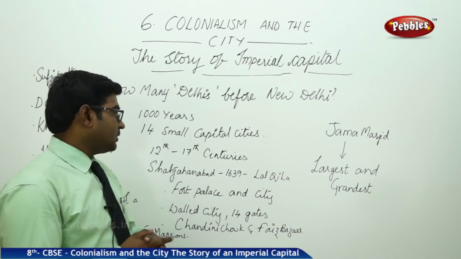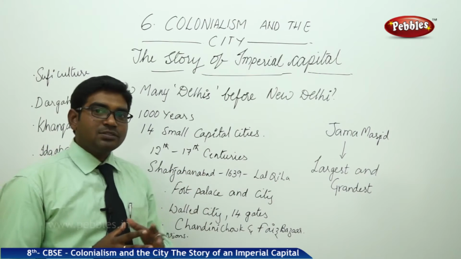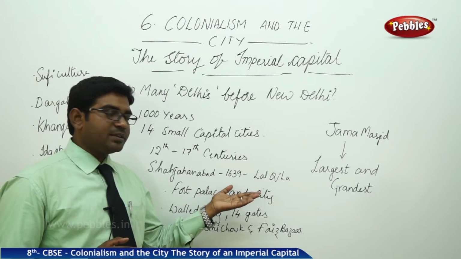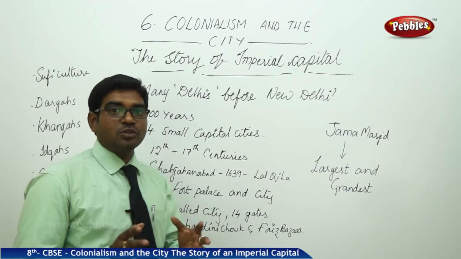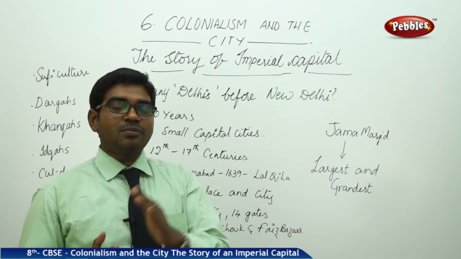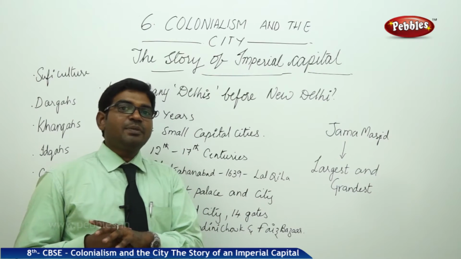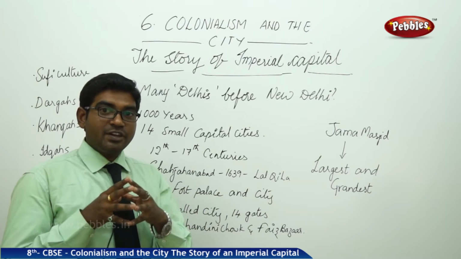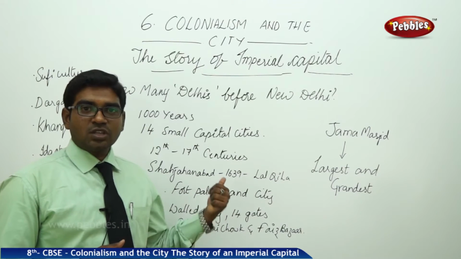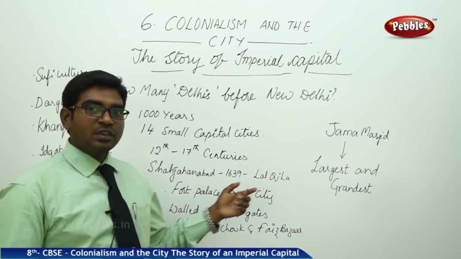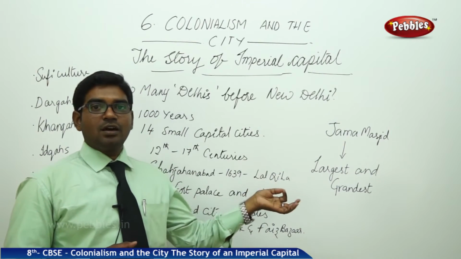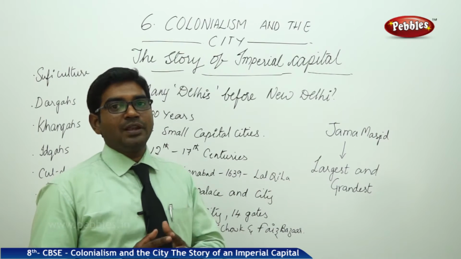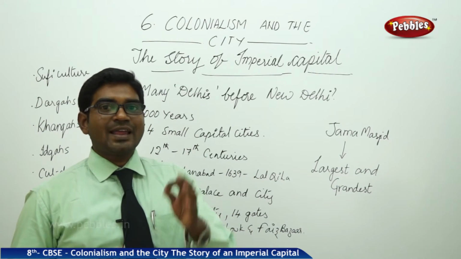That was Shahjahanabad, built by Shah Jahan, laid in 1639, where today the Red Fort stands, from where the Republic Day parades are held and the Prime Minister addresses the nation on Independence Day. All these are organized even today. It was built by Shah Jahan in 1639, what we call Lal Qila or Red Fort. The entire palace was built with red sandstone.